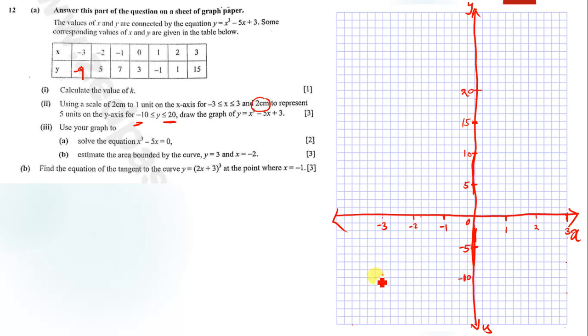So negative 9, I'll approximate it to be somewhere there. Negative 2 comma 5, it's there. Then we have negative 1 comma 7. I'll approximate it to be somewhere there. 7.5 is there, so 7 can be somewhere there.